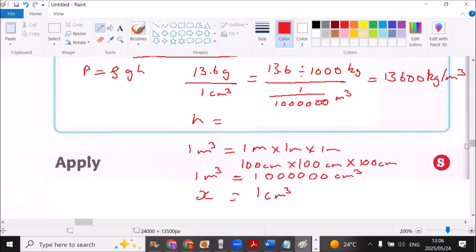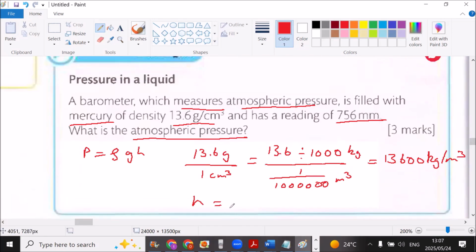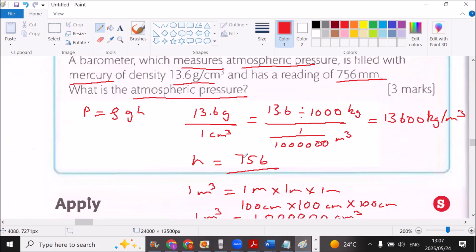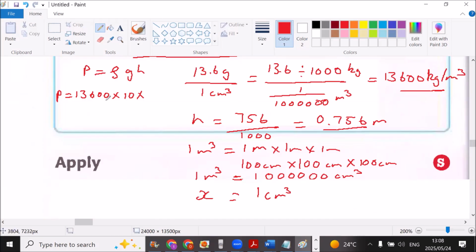Our height is in millimeters, 756 millimeters. To change it to meters, we say 756 divided by 1,000, which will give us 0.756 meters. Now that our units are standard, we can now calculate the pressure. So pressure is equal to rho, which is 13,600, times G, which we can assume to be 10, times height, which is 0.756.